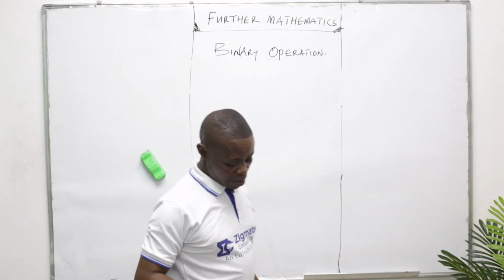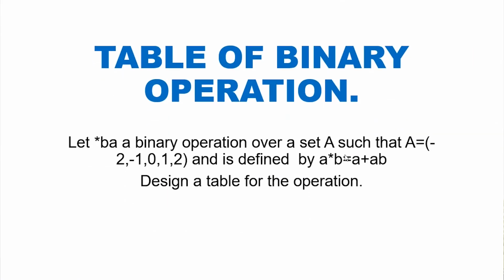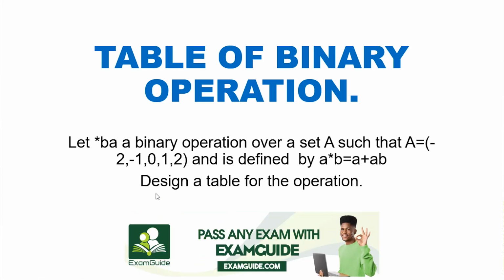Now, table of binary operation. Let this be a binary operation over a set A such that A equals -2, -1, 0, 1, and 2, and is defined by A operating on B equals A plus AB.